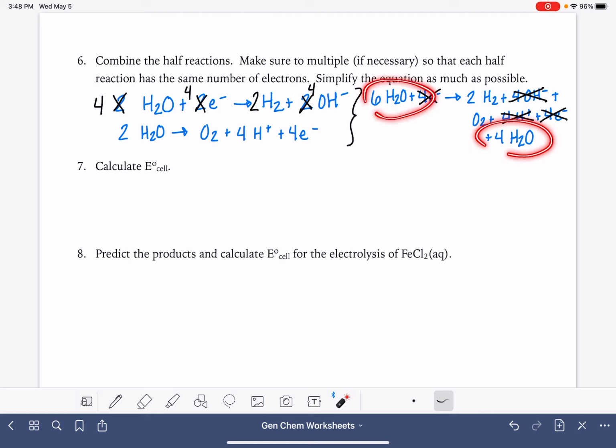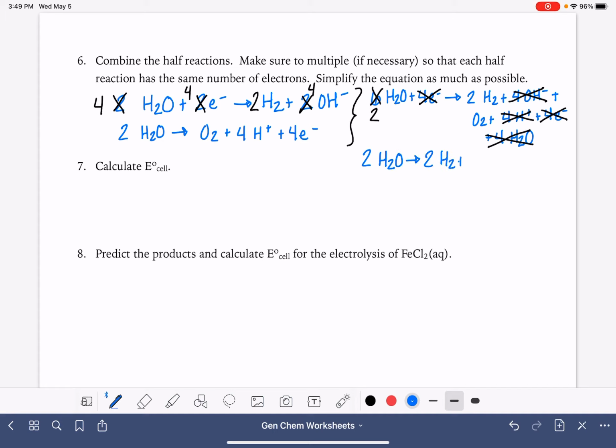We have 4 water molecules that can be canceled from both sides. I'm going to take 4 water molecules away from each. This is going to give me an overall reaction of 2 H2O makes 2 H2 plus O2. So these are the products of this electrolysis reaction. That's one of the answers to this question.